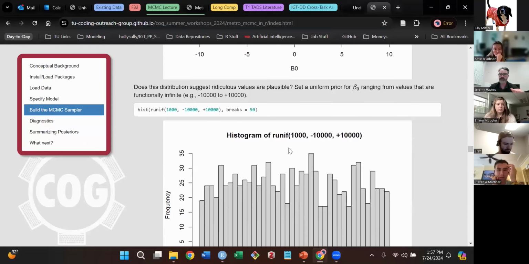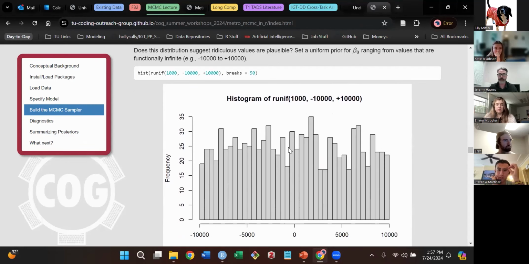We could also suggest a uniform prior. So this is just any value is plausible. With a uniform prior, you basically say positive or negative infinity is possible. R doesn't let you do positive or negative infinity, so I just put negative 10,000, positive 10,000.